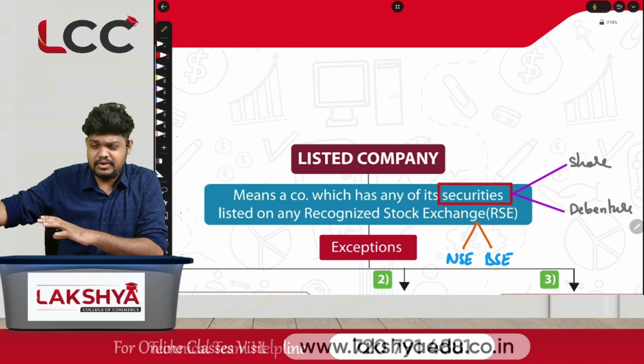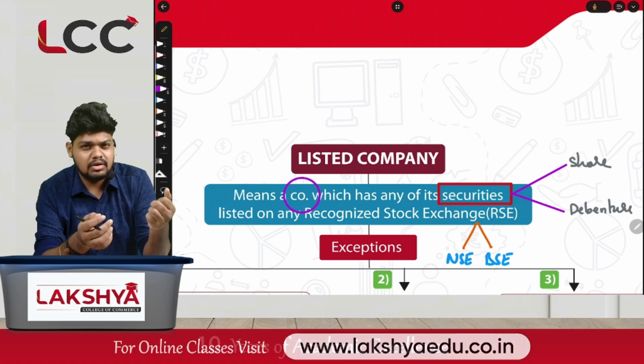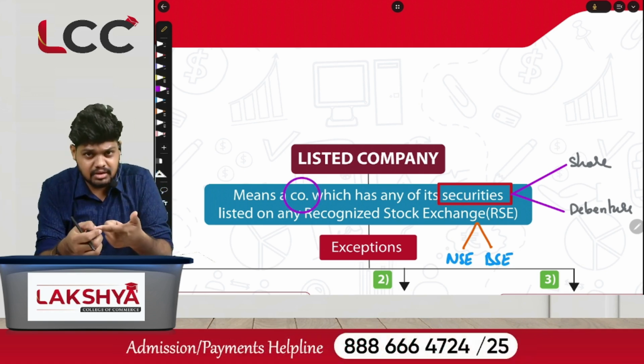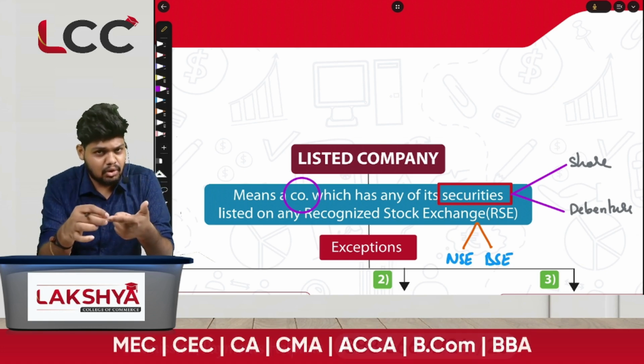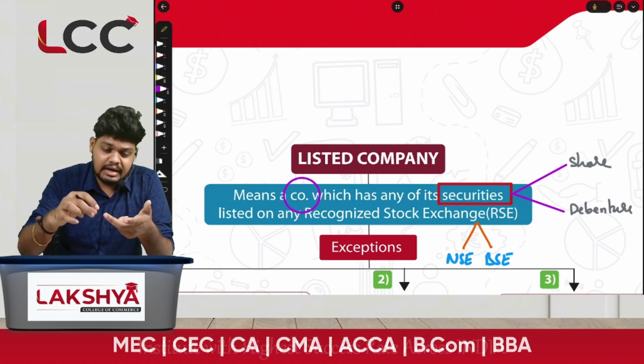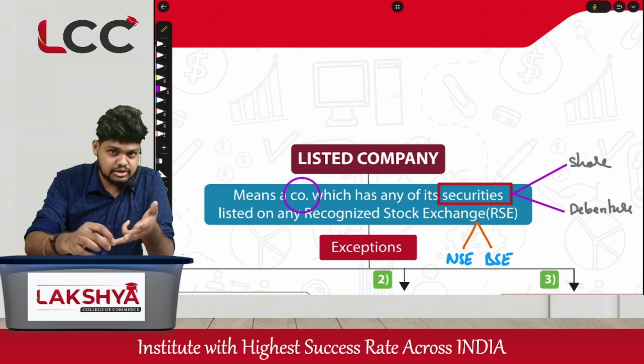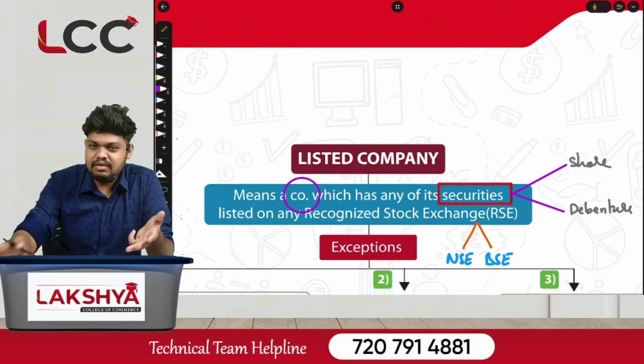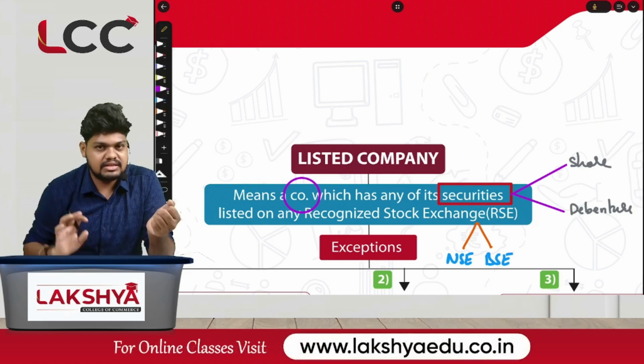So it covers both private companies and public companies. Either a private company or a public company that got either its shares or its debentures listed on any one of the recognized stock exchanges is called a listed company.